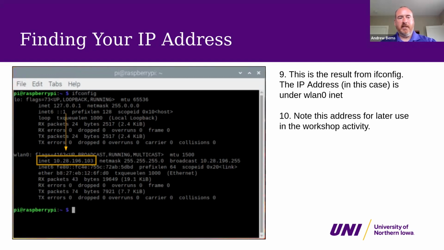So we run that. You'll notice it'll say LO. You can skip over that one. If you've connected over wireless, it'll say WLAN0. What you're looking for is the number on the second line that says inet, and then there'll be four numbers separated with periods. That's going to be the IP address of your Raspberry Pi. So just make a note of that because we're going to use it later.